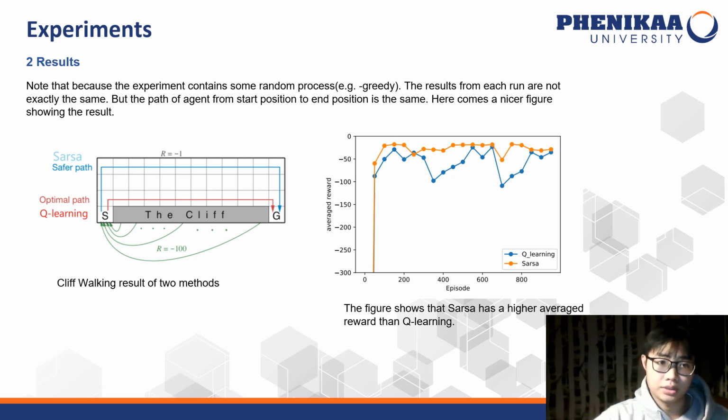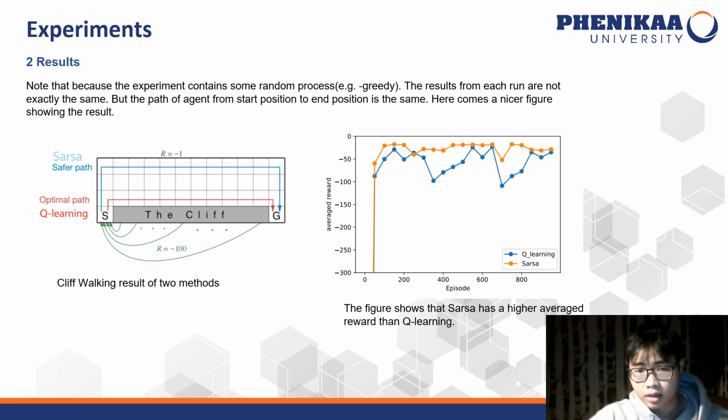As the picture on the previous slide shows, Q-learning generates the optimal path, but it's very risky. SARSA generates and suggests the safer path, but the path is very long.